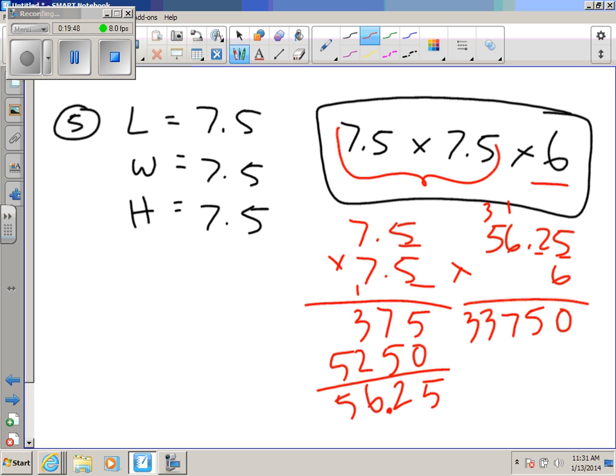How many places after the decimal there? 2, which makes this 337.5. What's the label? Yards squared.